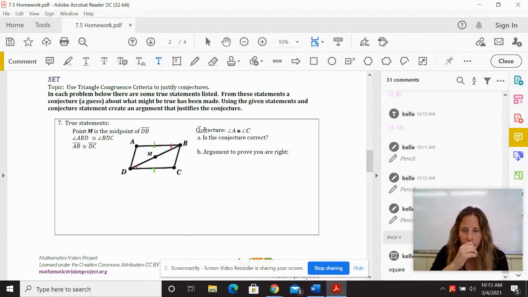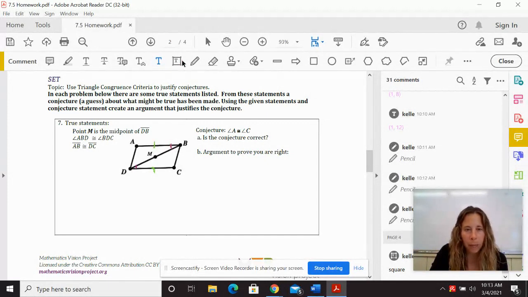What we're trying to figure out is, you're trying to use triangle congruency. So right now I know a side and an angle.